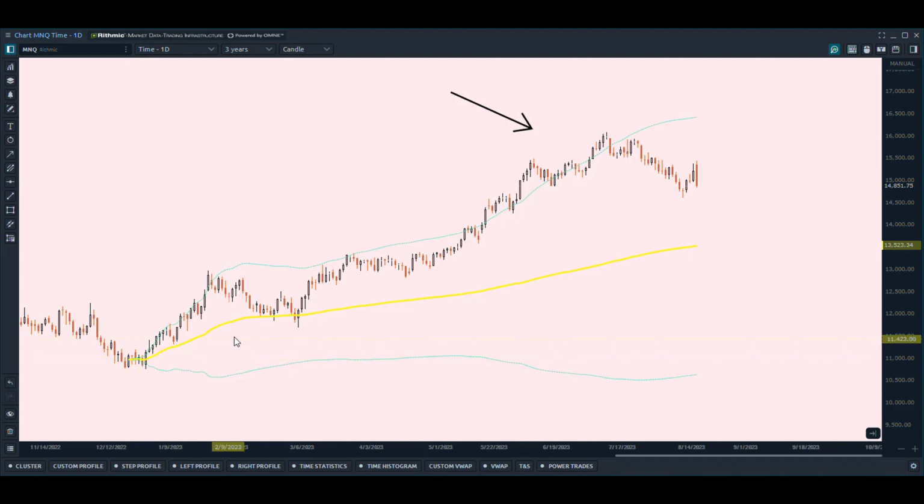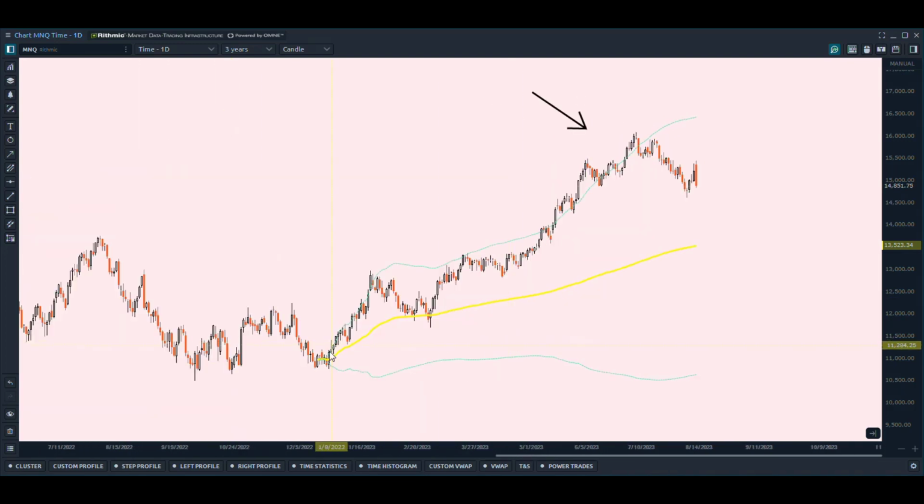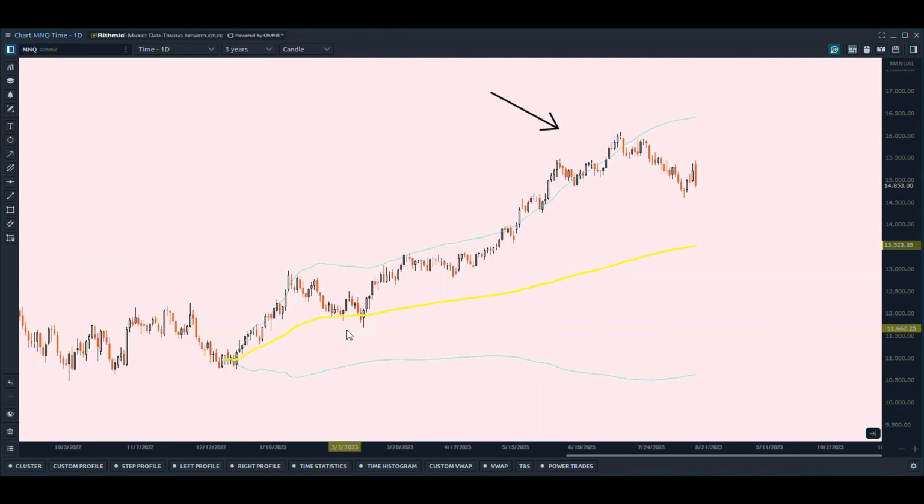So you'll see here that a lot of the time when price mean reverts or pulls back, it's generally just pulling back to this volume weighted average price from the reversal, because if you have a big reversal, this is where sellers turn into buyers, or if you're at the top, this is where buyers turn into sellers. So this is essentially where the status quo changes.